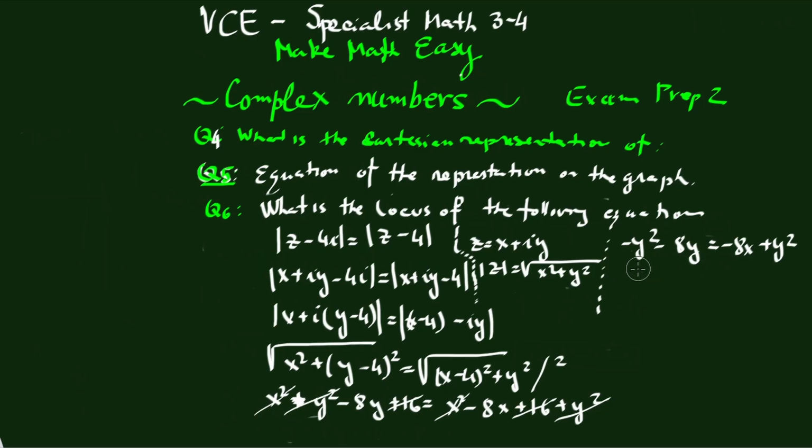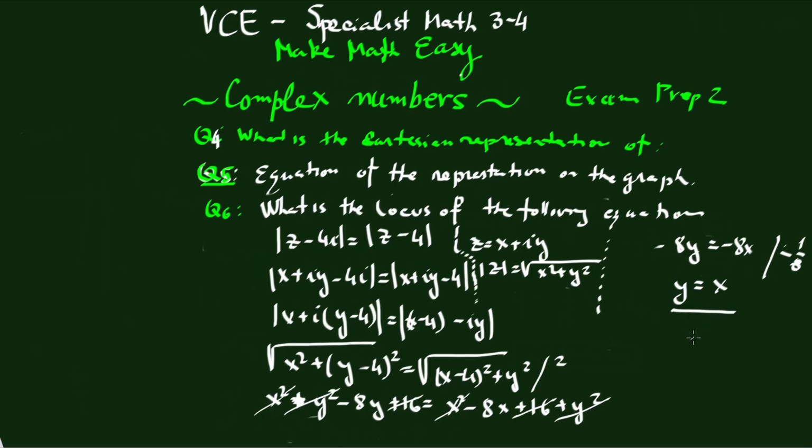You don't have y squared here at all, and here you don't have it either. So what's left is minus 8y equals minus 8x. Multiply both sides by minus 1/8, and you get y equals x.